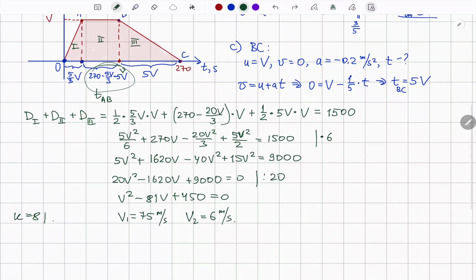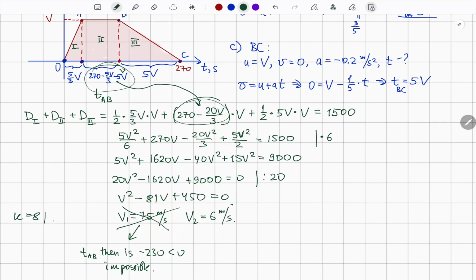So if I put here a more simplified version of this time tAB, and put 75 in this expression, 270 minus 20 over 3 times 75, it would be a negative number. tAB then is minus 230, which is less than 0? Impossible.